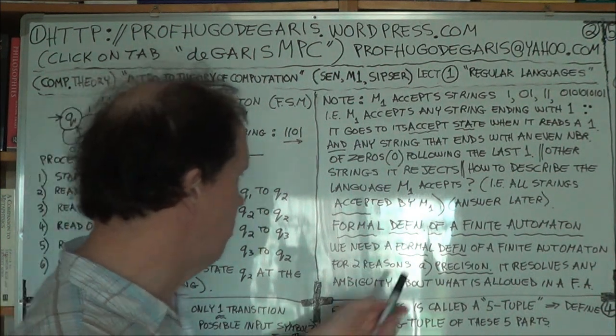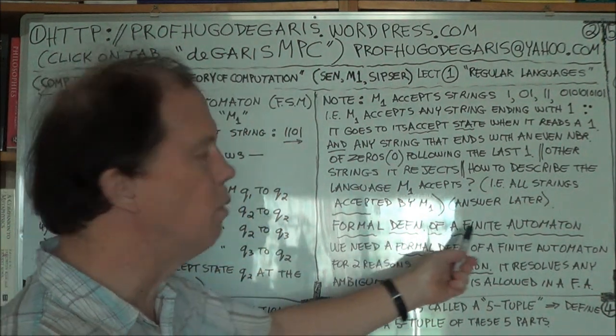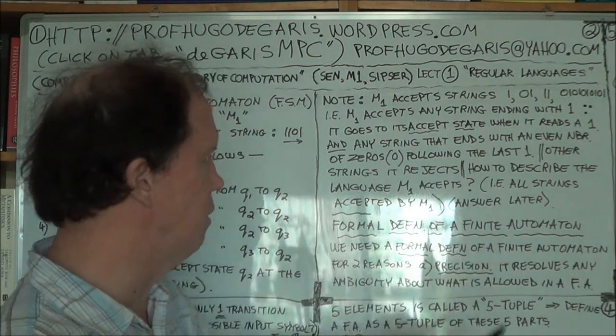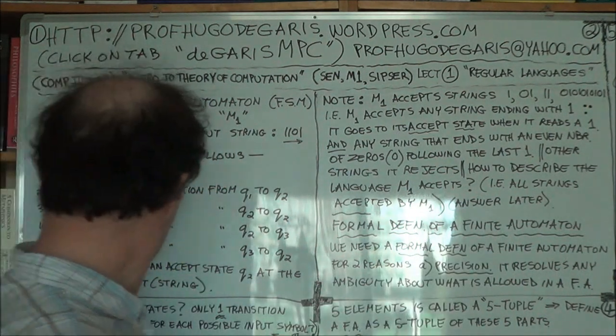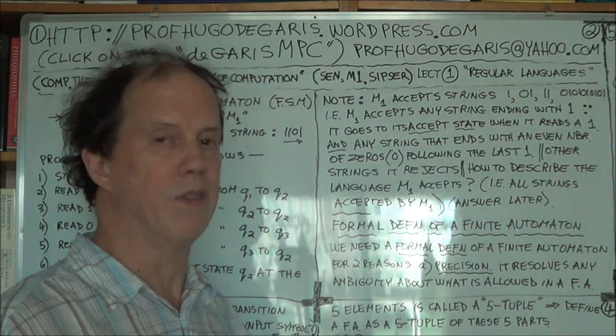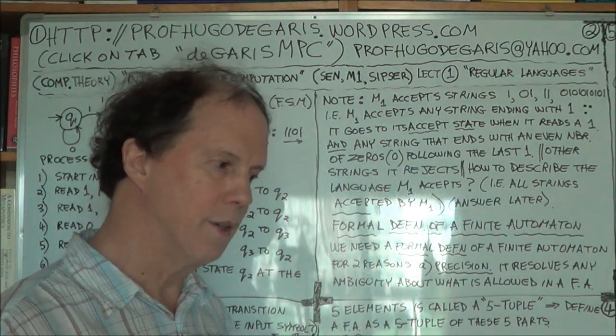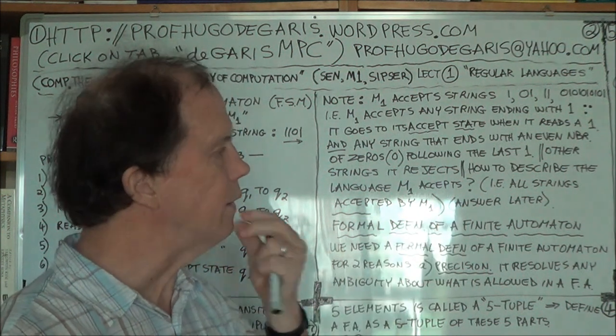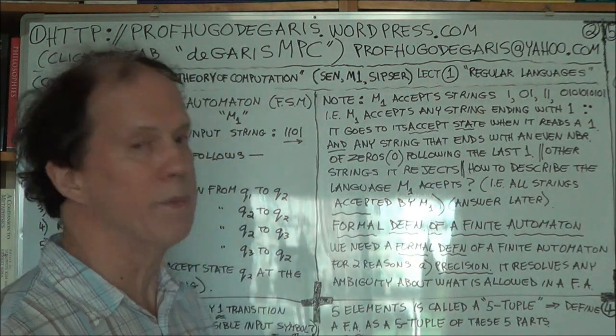And the other major reason for having a formal, mathematical definition of an automaton is notation that you can then use in the analysis and manipulating of other automata.